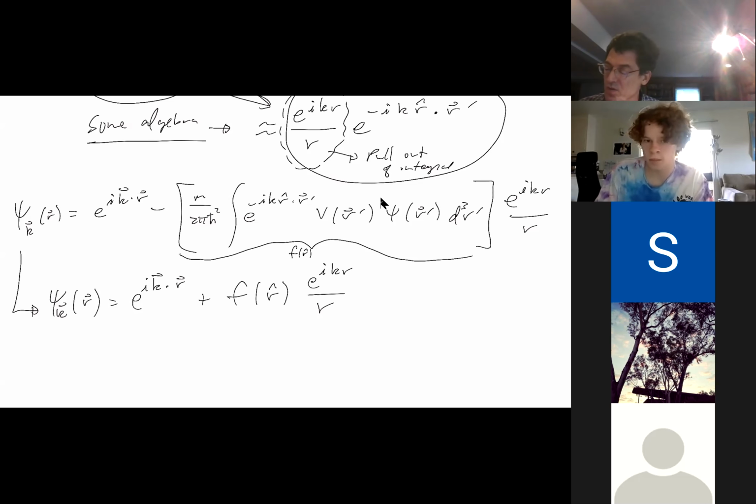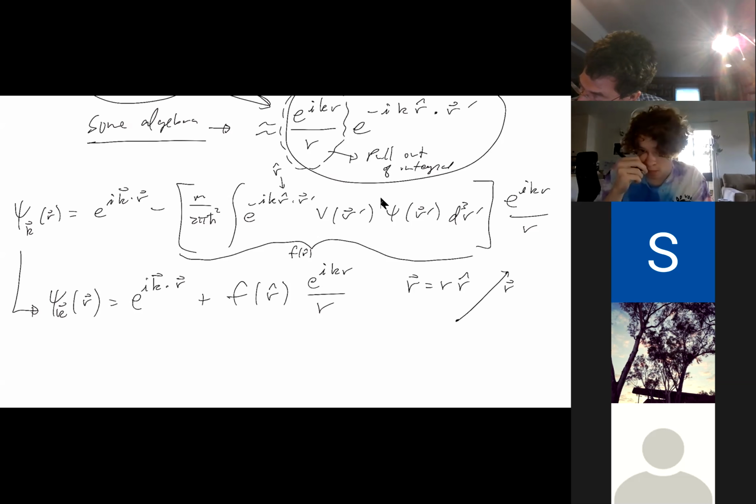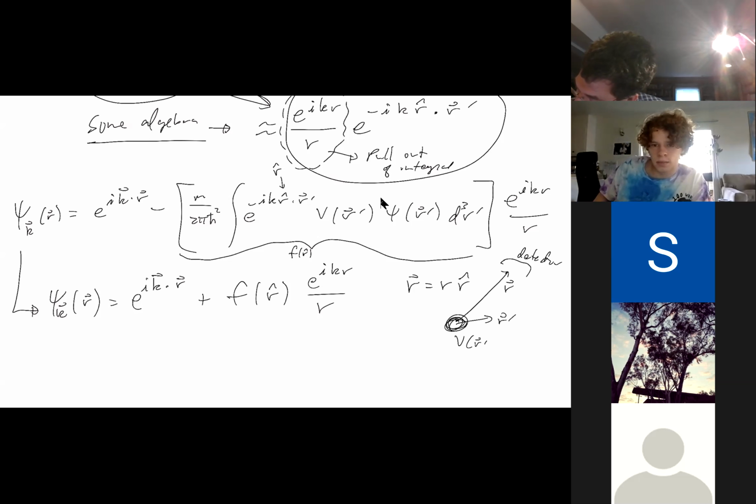Once you do the integral, the only variable that remains is r hat. Remember that r is where the detector is, and r prime is integrating over the potential, just so you can remember all of the geometry.